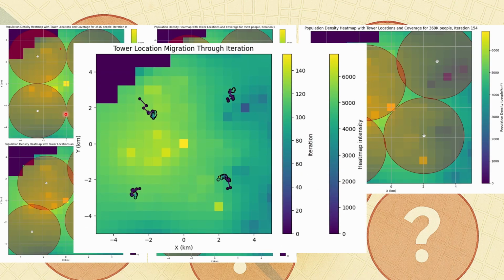Here's that location chart of the individual locations of the towers through the iterations. In this case, you can see where we started. There wasn't as much movement with the grid start. Again, maybe an indication of the algorithm not working as hard, but it really came up with the same answer as the random start.